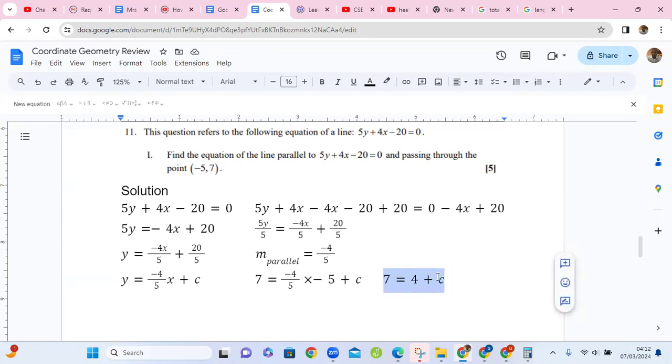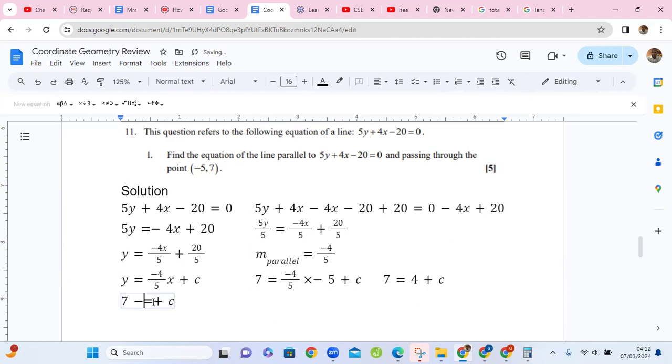And what we do now, we subtract 4 from the right side, and subtract 4 on the left side. So we have c is equal to 7 subtract 4. c will be equal to 3.